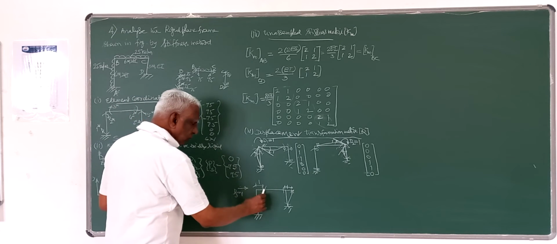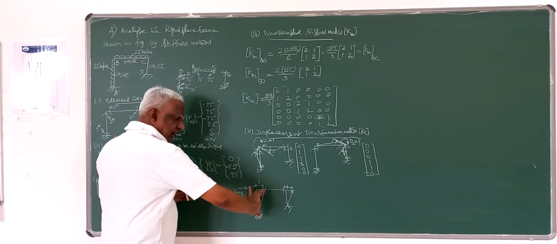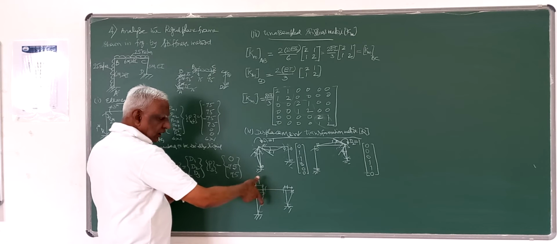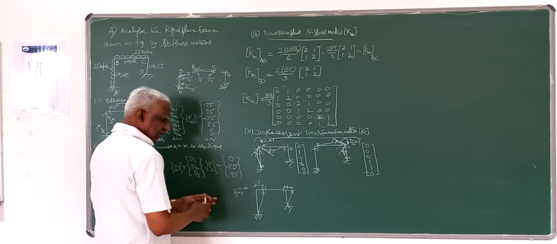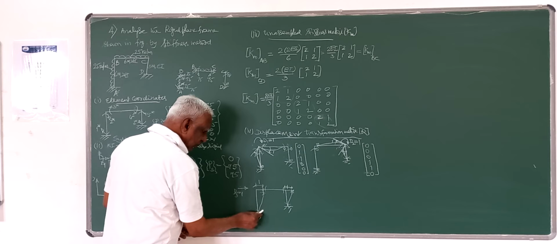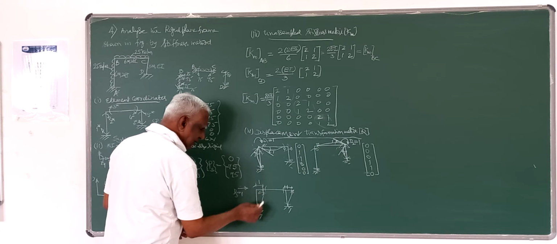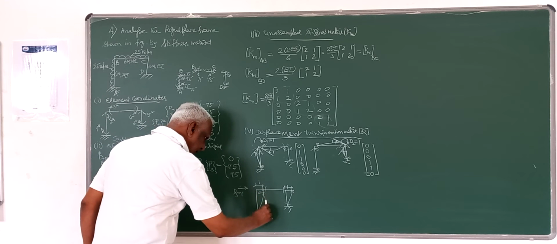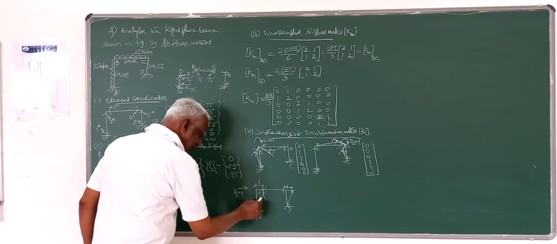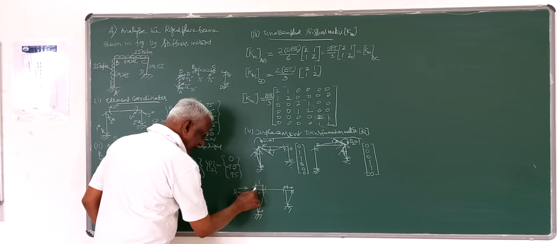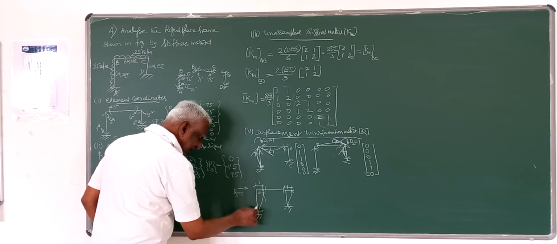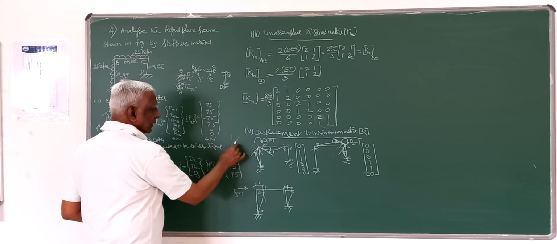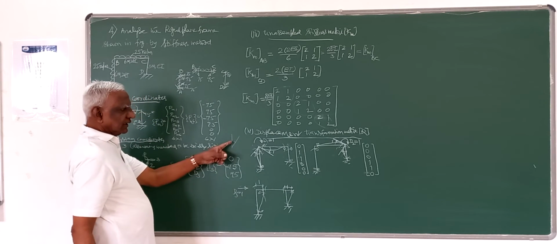See, now this has moved like this. So a moment is created like that. To oppose that motion, here there will be rotations in this direction. And that rotation with respect to the vertical direction is nothing but whatever displacement is there, divided by this height. This is the rotation angle.